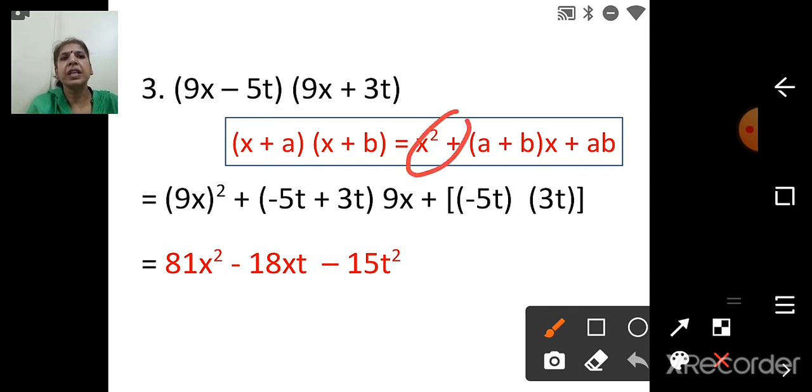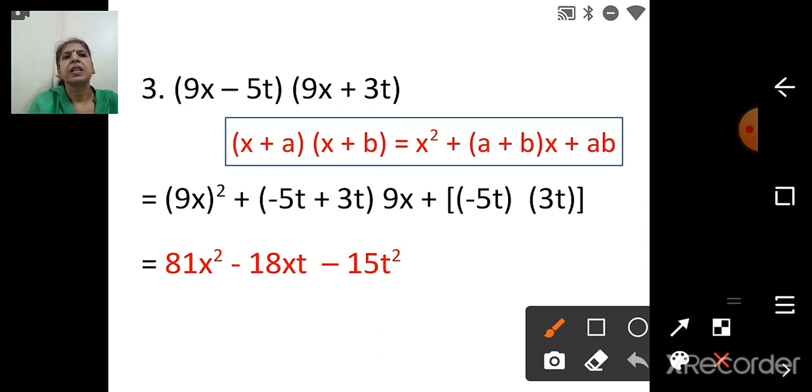The first term is x², so x², and our first term is 9x. So write (9x) in a bracket with a square. Then next is plus, this is the formula part.